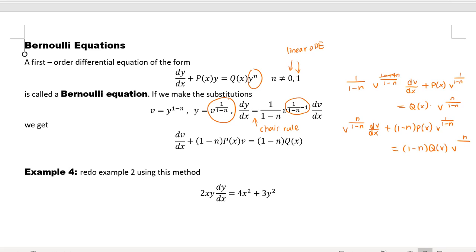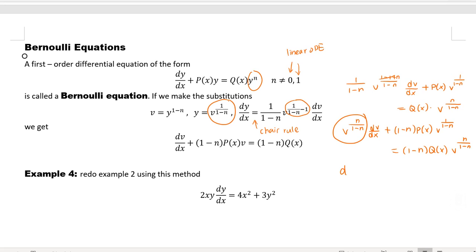So now both sides divided by v to the n over 1 minus n. Then we have dv dx plus, okay, now let's see. Divided by this is the same as we subtract the exponent n over 1 minus n.